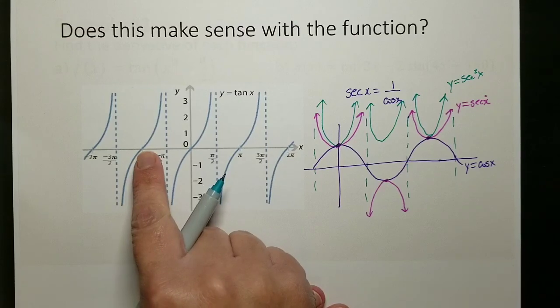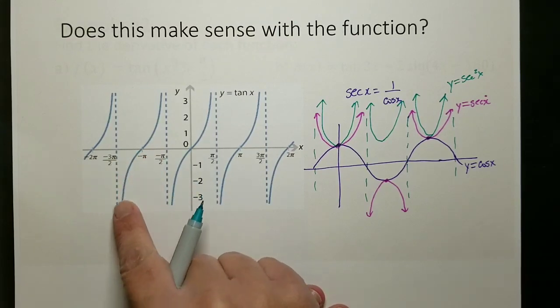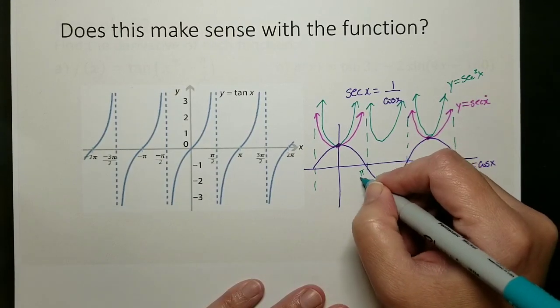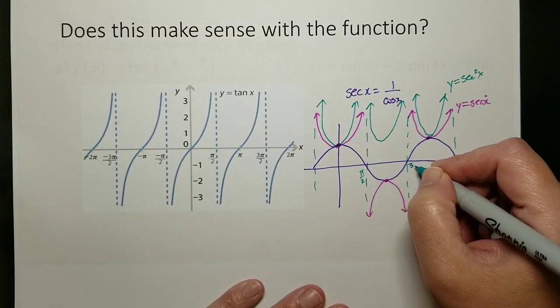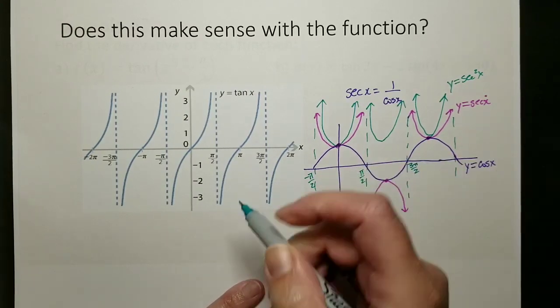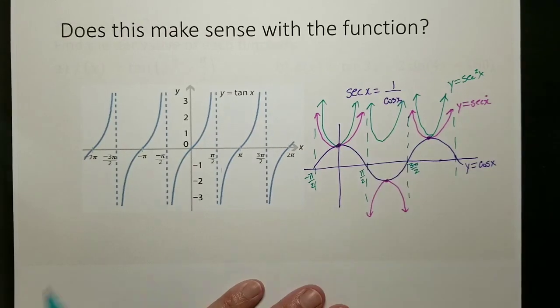Now, is that what the shape of the derivative here would be? Think about what the derivative would be in each of these cases. First of all, for sure, that's pi over 2, 3 pi over 2, negative pi over 2. So we've got the asymptotes in the right spot with our secant squared graph and the tan.